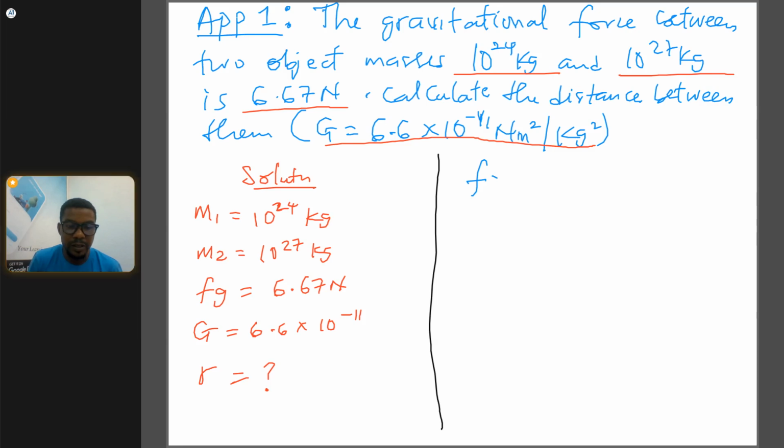Let's make use of black ink. Fg equals G M1 M2 over R squared.